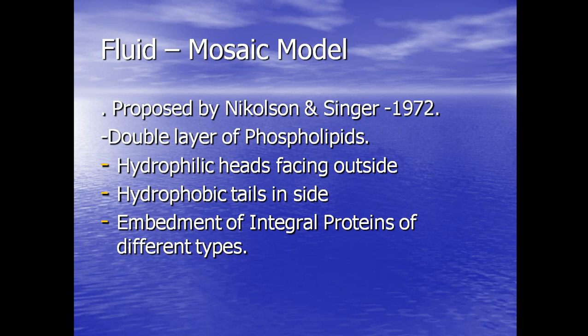Now, as far as this fluid mosaic model, there's a double layer of phospholipids. There are two layers of phospholipids. And a single phospholipid molecule appears as having a single head and two tails hanging from the head.